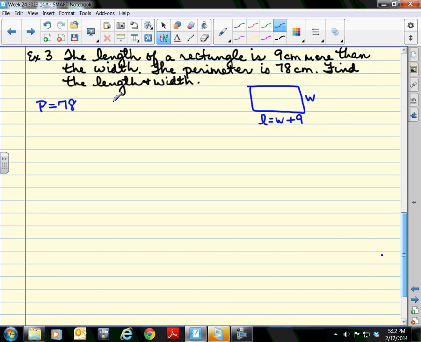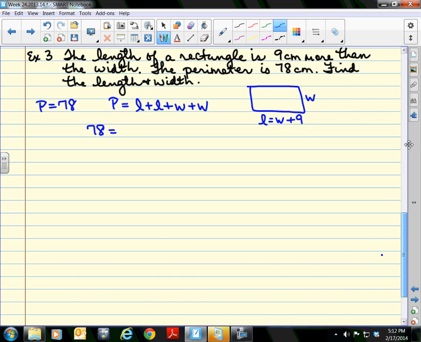Well, you know perimeter. Just add up all the sides. So we have 2 lengths and we have 2 widths. Okay, perimeter 78. So we're going to substitute that in. Length, well, they told us that the length was 9 more than the width. So we're going to use W so we have all the same variable.